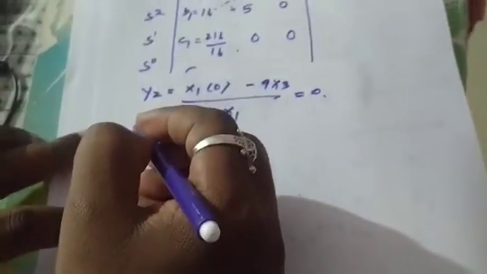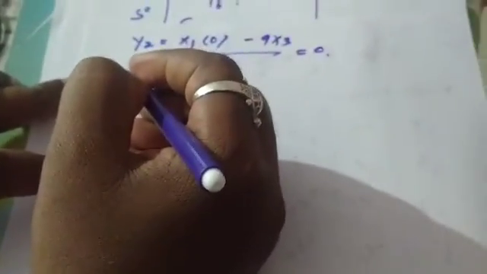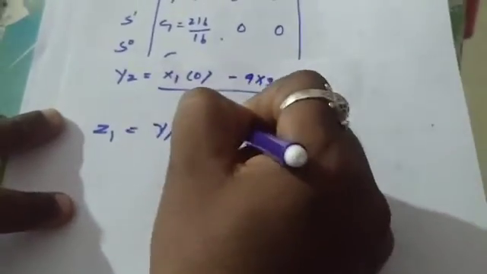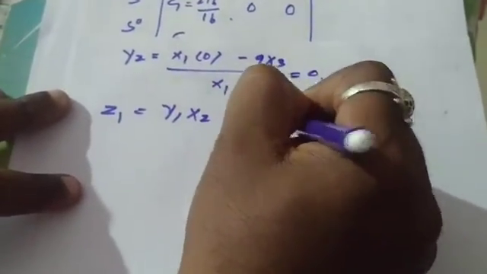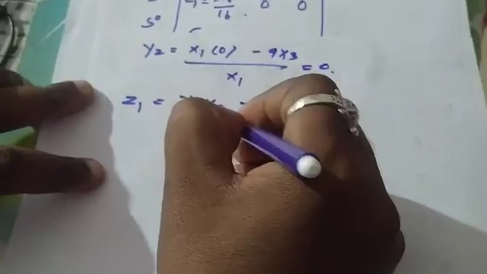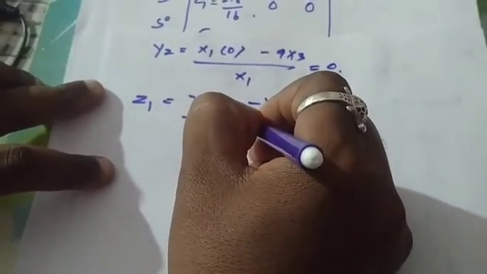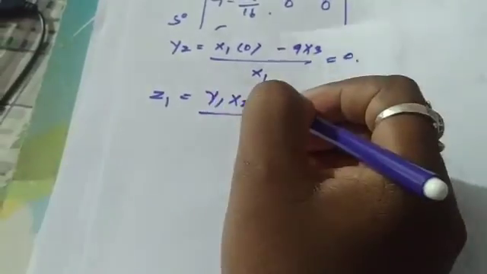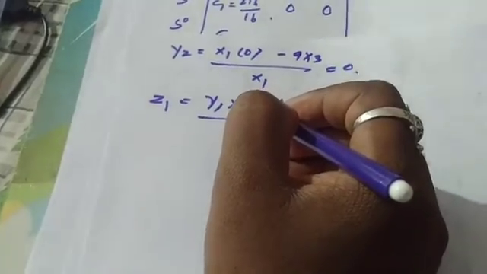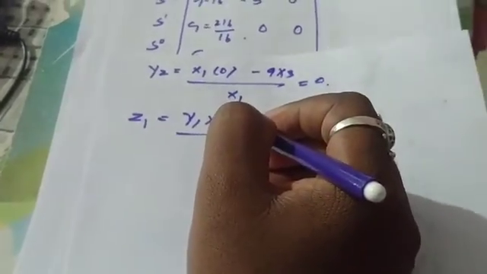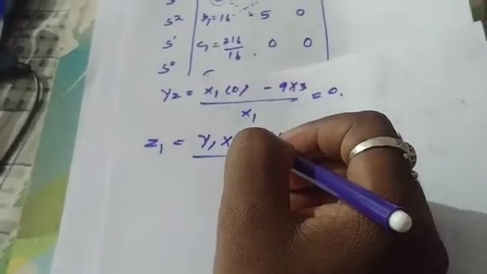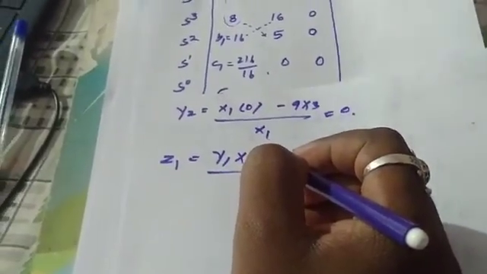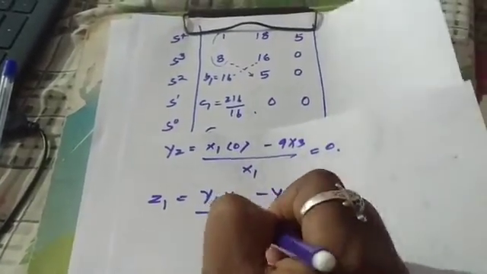So now what you have to do, z1 is equal to (y1 into x2 minus x1 into y2) divided by y1.